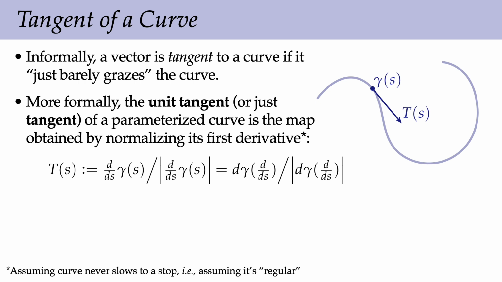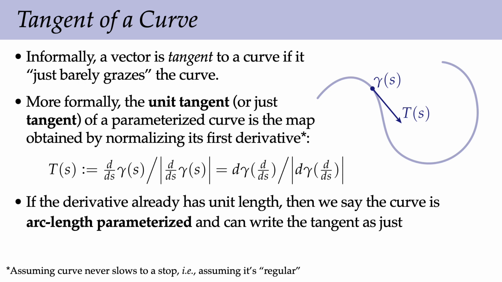So often we'll make some simplifying assumptions about this map gamma just to make sure we don't run into these nasty cases. One simple assumption would be to say the derivative should never go to 0. We say that the curve is regular. An even stronger assumption is to say that the derivative has unit length at every point. So the norm of the derivative of gamma with respect to s is equal to 1 everywhere.